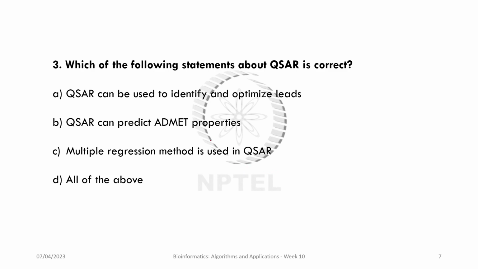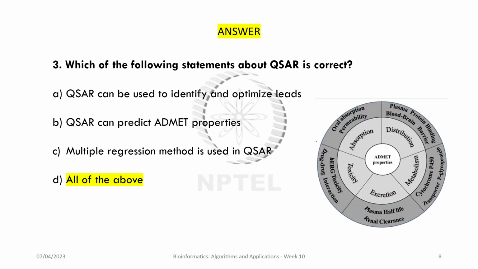So QSAR obviously is used to identify and optimize leads, which is true, and it can also predict ADMET properties because if you did not pay attention to ADMET, which is absorption, distribution, metabolism, excretion, and toxicity of lead compounds, then you cannot arrive at a successful drug. So it has to predict ADMET properties and it has to be within the acceptable limits or the optimal range for a lead compound. And definitely multiple regression is used in QSAR. Therefore, the right answer is option D, all of the above.